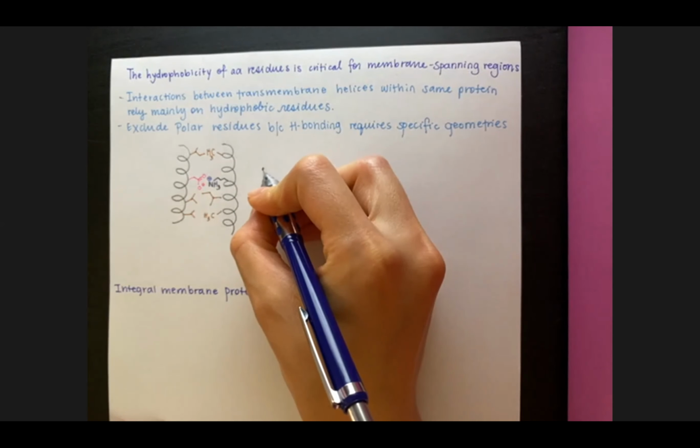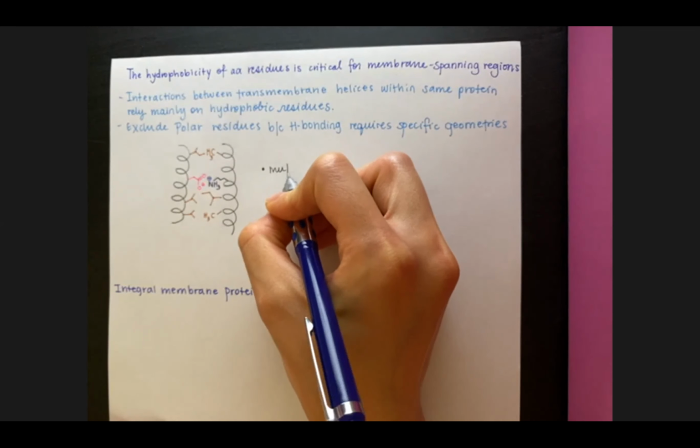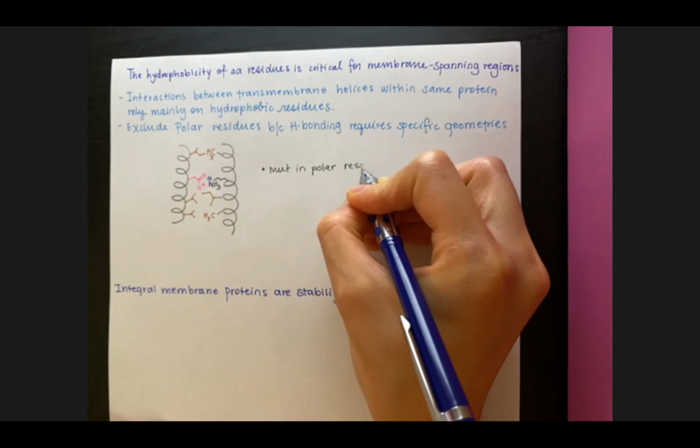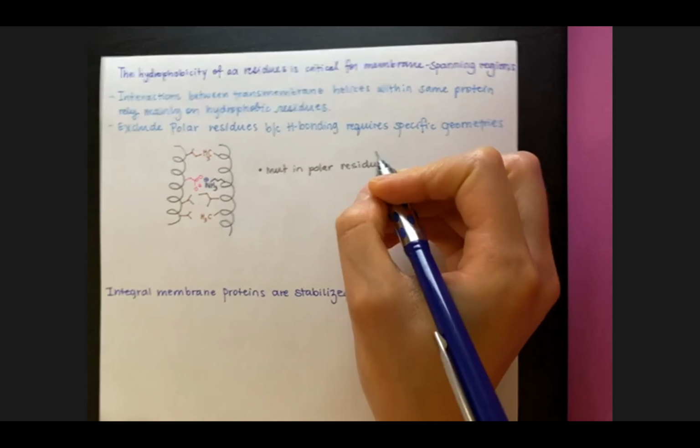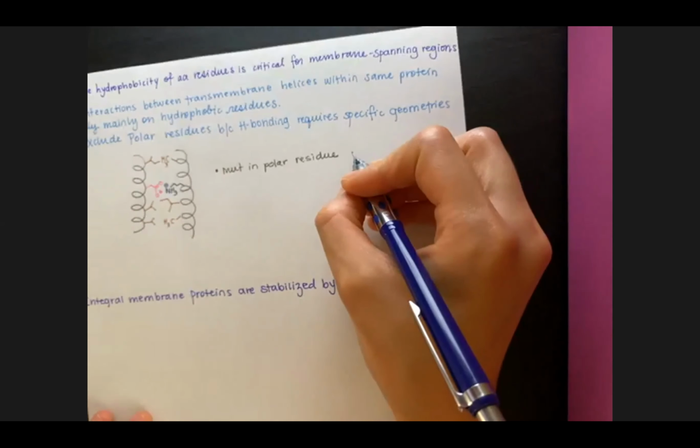But the reason that you don't see that many of these, and it's mostly hydrophobic residues, is that a mutation in a polar residue is more likely to be deleterious. So if you lose one hydrogen bonding partner, you're going to disturb folding.